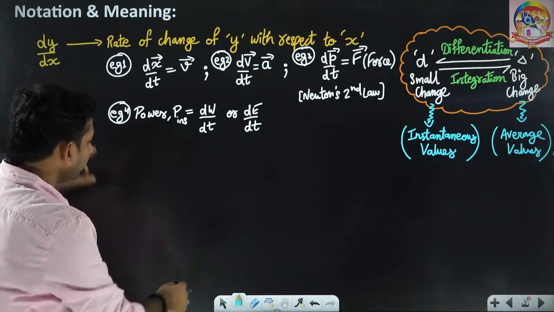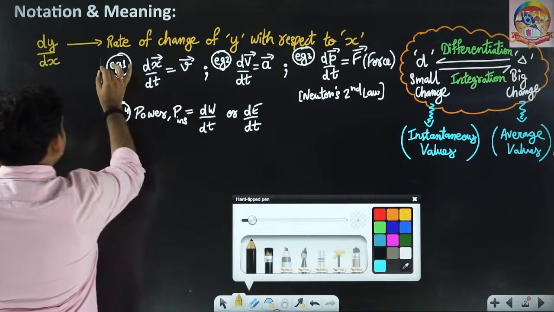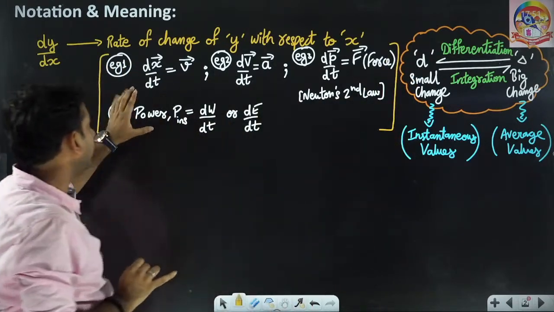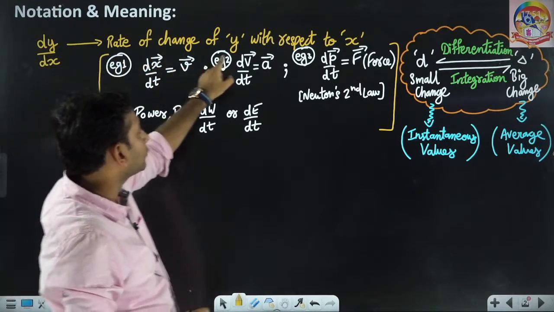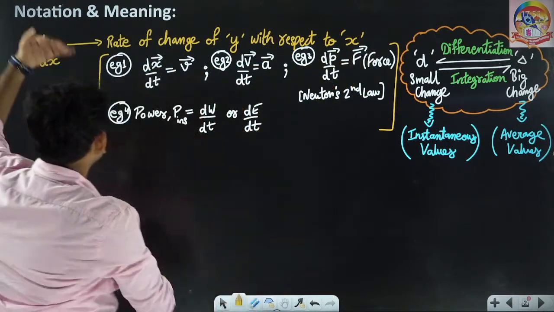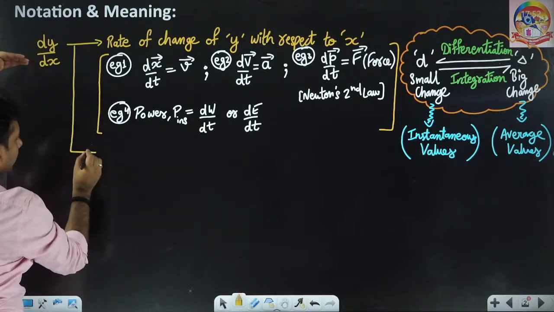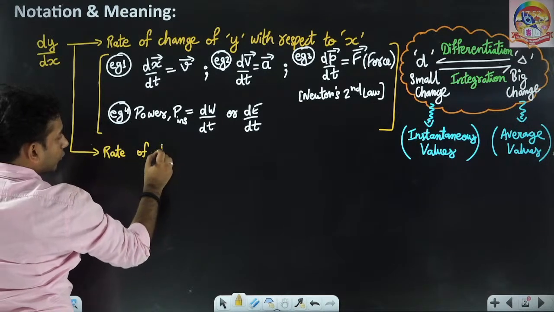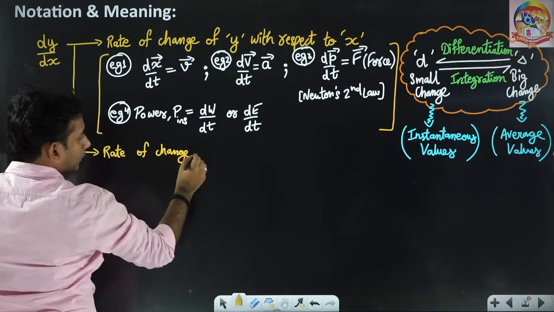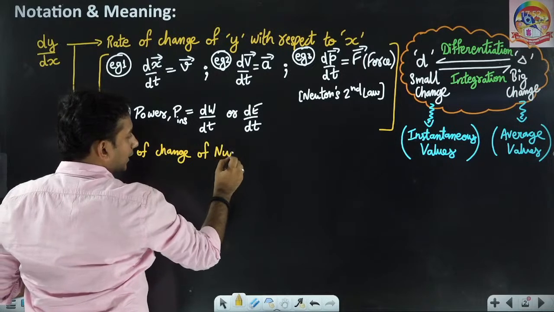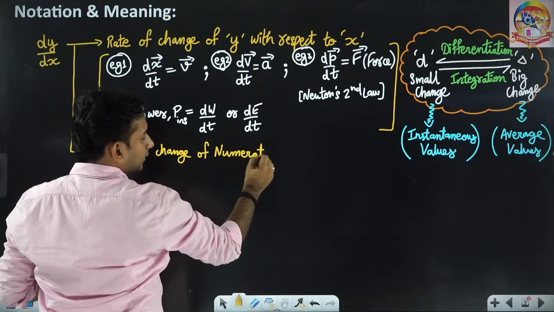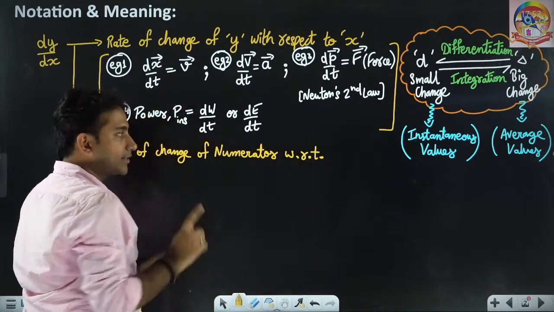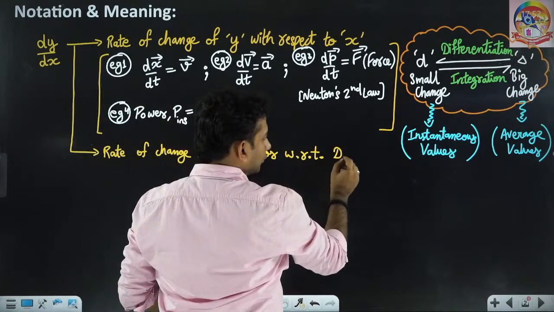Getting back onto the topic, I was telling you how you perceive and understand that dy by dx is the rate of change of y with respect to x. In a simpler way, I will call it the rate of change of the numerator, how the numerator changes with respect to, WRT meaning with respect to, the denominator.